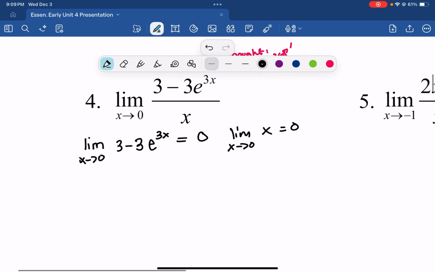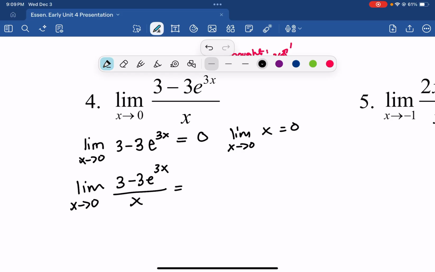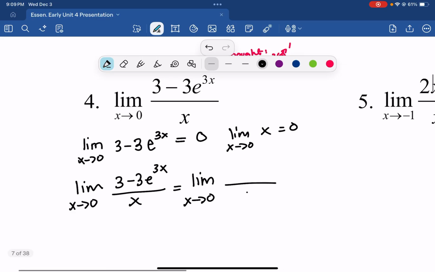So because that is true, then we can look at our limit again. So the limit as x approaches 0 of 3 minus 3e to the 3x over x is equal to the limit as x approaches 0. Okay. The denominator is really easy to take my derivative of. It's just 1. Okay.